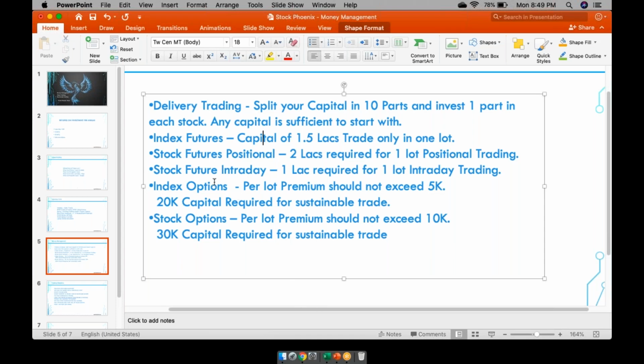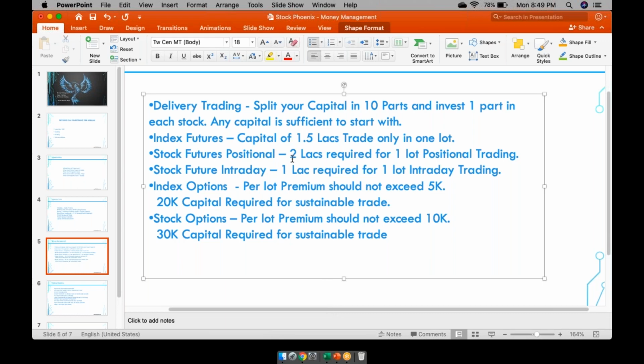Next, stock futures positional. 2 lakhs is required for a one lot positional trade. If you are going to trade one lot Reliance future, then keep minimum 2 lakh rupees as per today's SPAN margin condition. These are the healthy ways of trading. Next, stock futures intraday. What is the lot size? All those things will come in the coming classes.